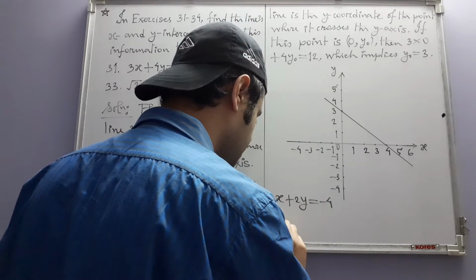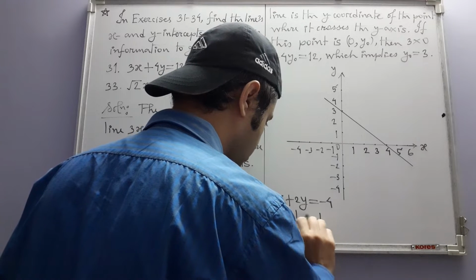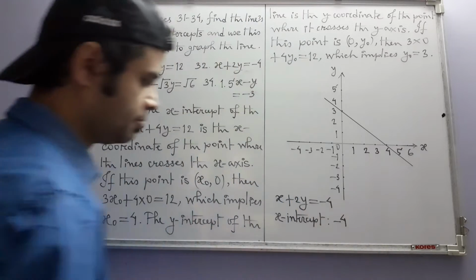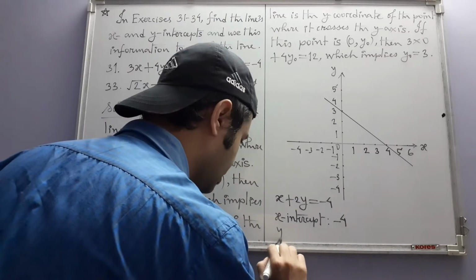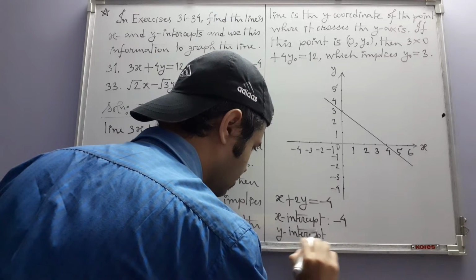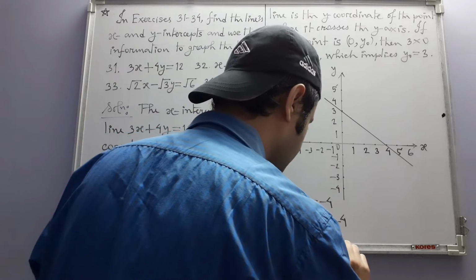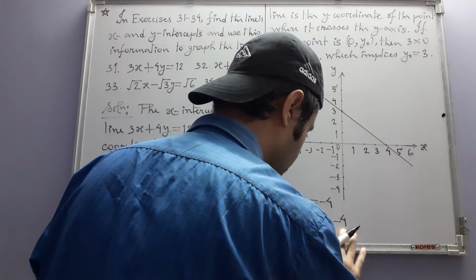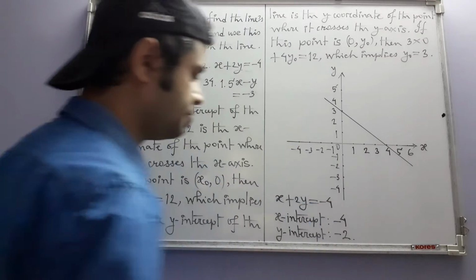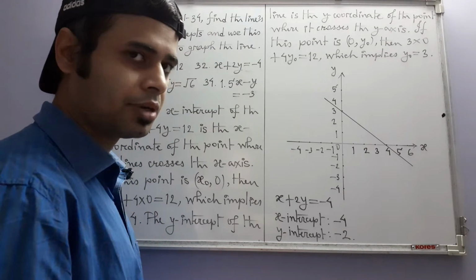So that means the x-intercept is -4. And what about the y-intercept? For that we have to put x equal to 0. So y will be -2. So x is -4 and y is -2.